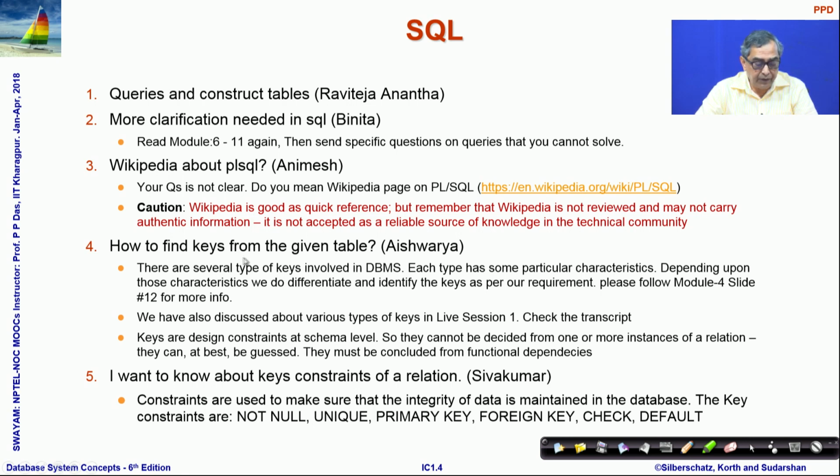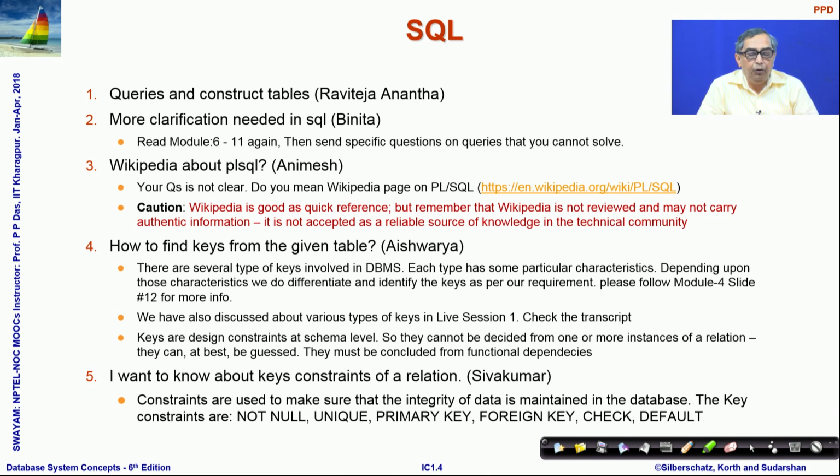The next question: how to find keys from the given table. Again, the question is not very clear to me. I am interpreting it in two possible ways. One is possibly, Aishwarya, you are trying to ask that if you have some instance of a table, whether you can find keys from that. If you are asking that, then it is not the proper way.